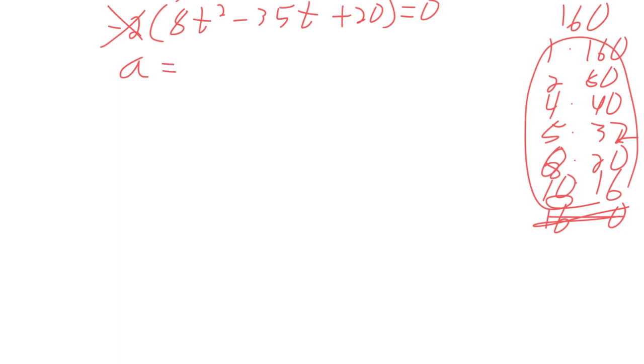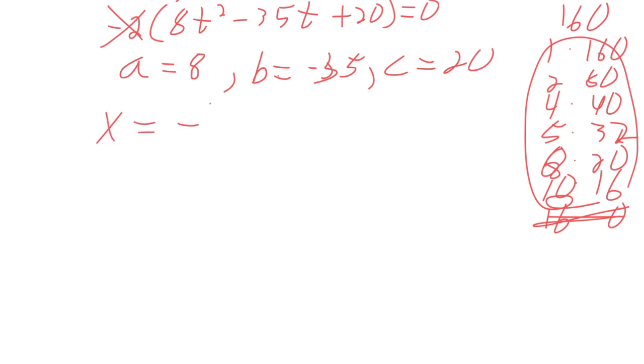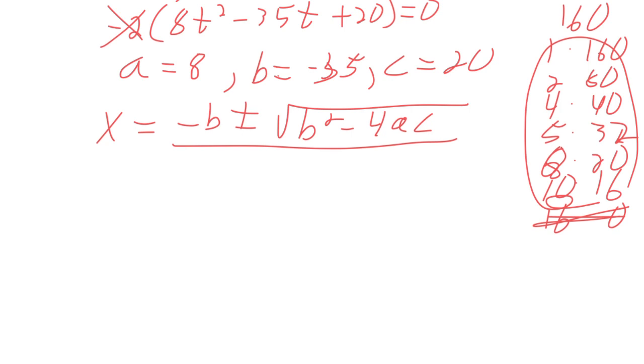Well, the quadratic formula, you list your a, your b, and your c. You need to memorize your quadratic formula. x is negative b plus or minus the square root of b squared minus 4ac all over 2a.